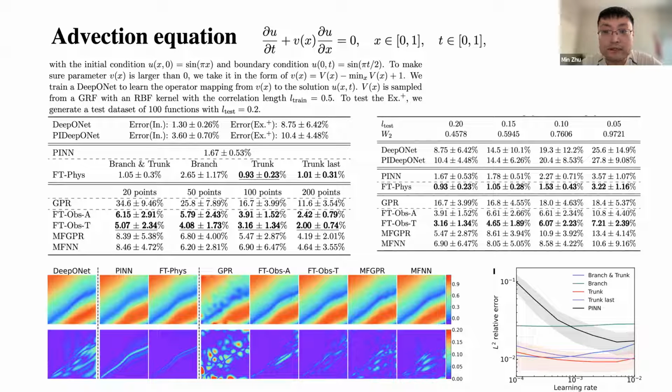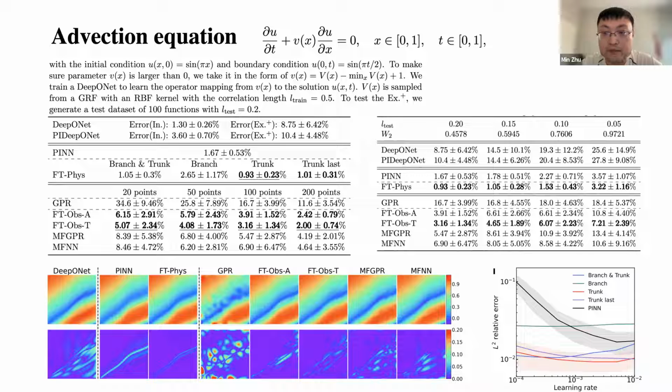When we have physics, fine-tune with physics achieves the lowest L2 relative error at about 0.93%. When we have new observations, fine-tune with observations always outperforms the multi-fidelity method, and fine-tune with observations together works best.